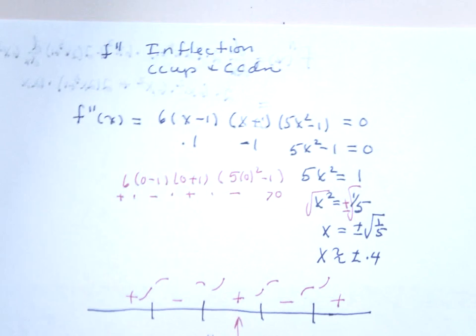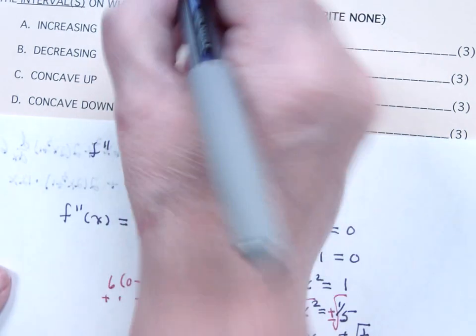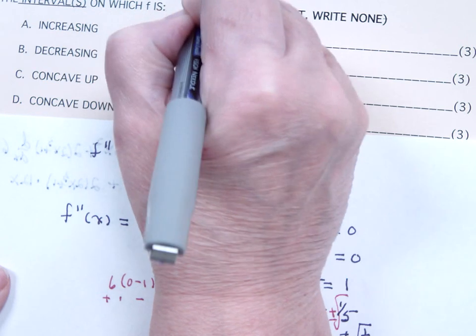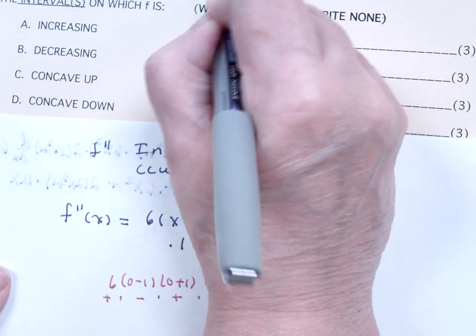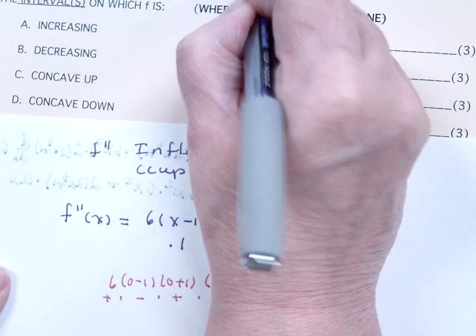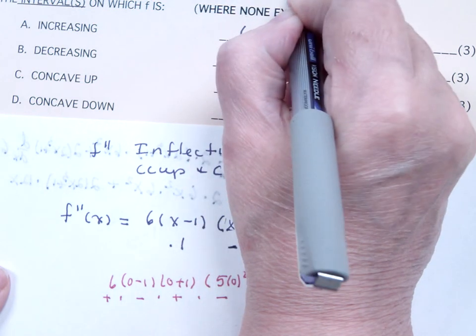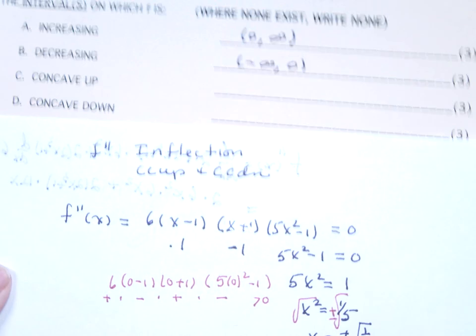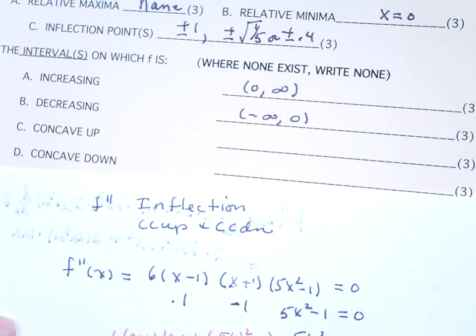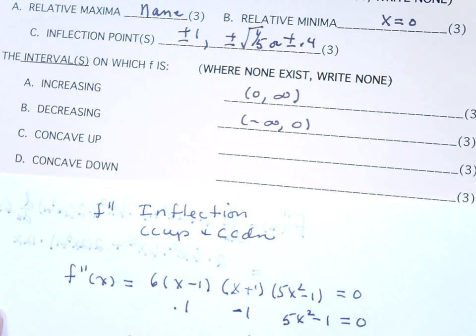So I'll fill in the blanks. Inflection is plus or minus 1 and plus or minus the square root of 1/5 or plus or minus 0.4, either way. Twisty little devil. Very simple, but twisty.